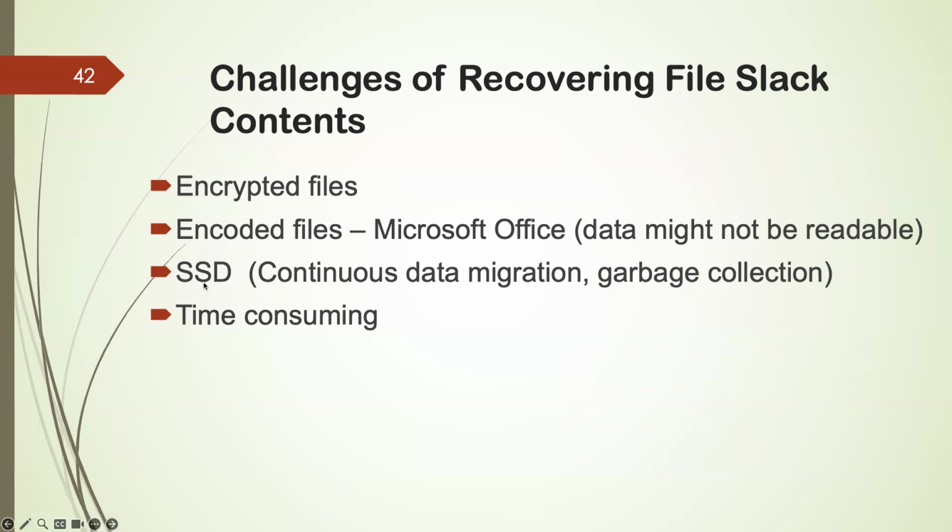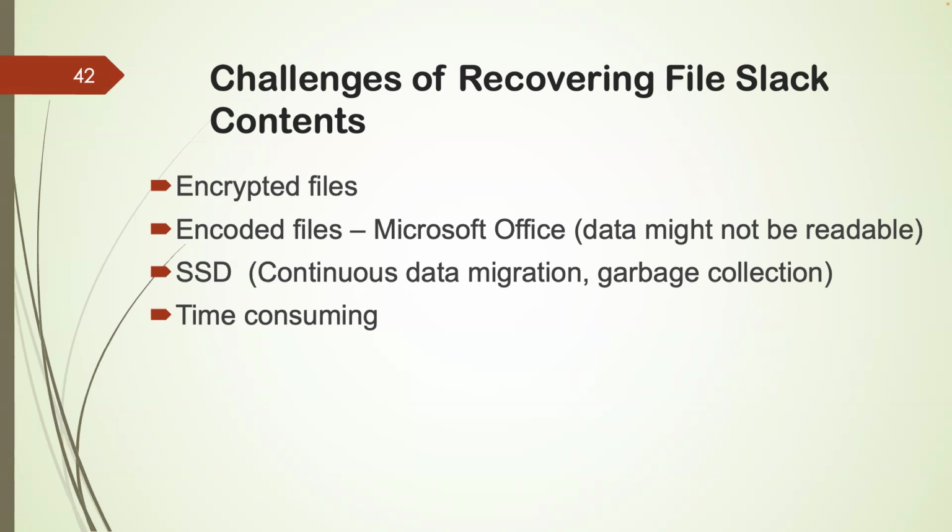The next thing is SSDs. If you remember from the SSD lecture, there was something called garbage collection. When the file is deleted and the clusters are made available again, the SSD automatically wipes out all the data stored on those deleted clusters.